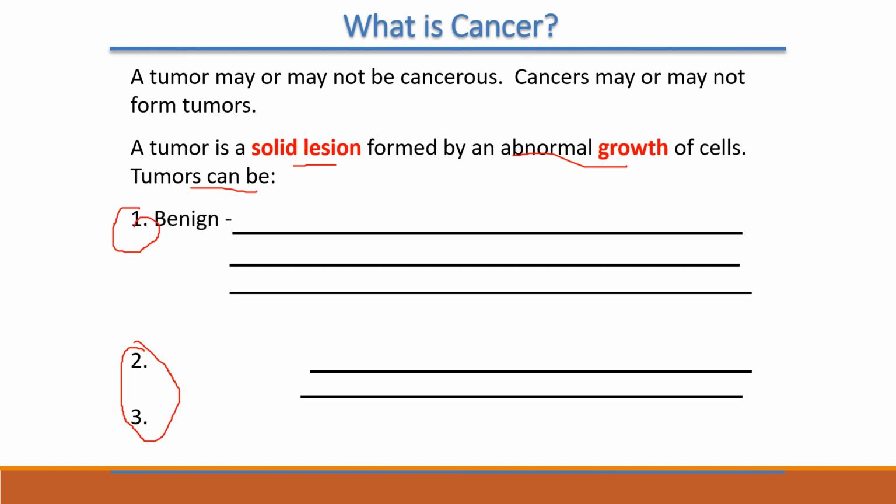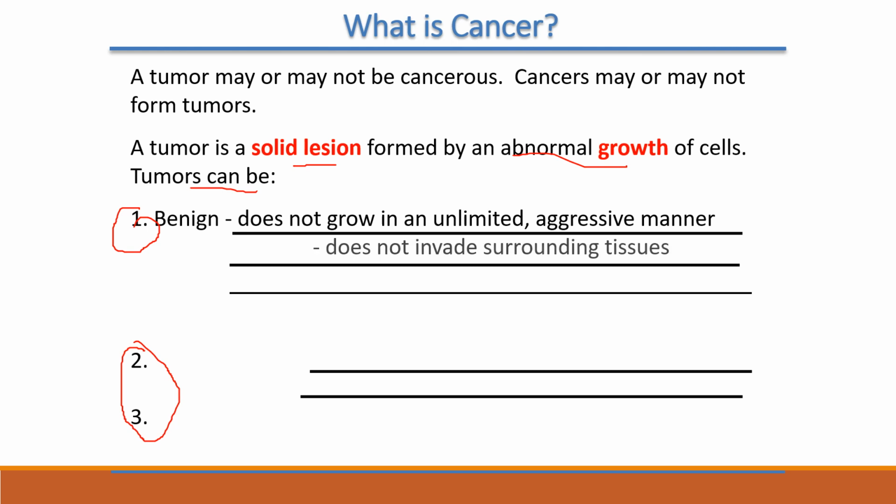So we talked about benign tumors, that they don't grow in such an aggressive way. Yeah, they grow, but mitosis is rare. They don't invade surrounding tissues, and they don't spread, they don't go to metastasis.